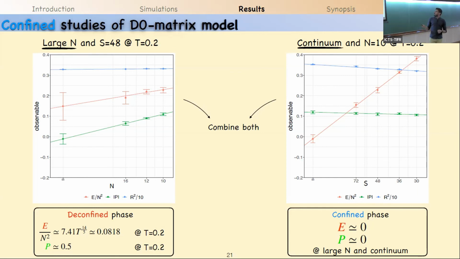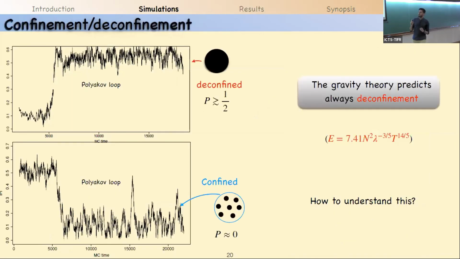we fine-tuned the simulations to remain in the confined phase. And this can be done by introducing, let me back off a little bit. What we observed was that at very low temperatures, there is a big hysteresis between confinement and deconfinement. So what we did was to introduce confined initial configurations to make the simulation flow in the confined phase.